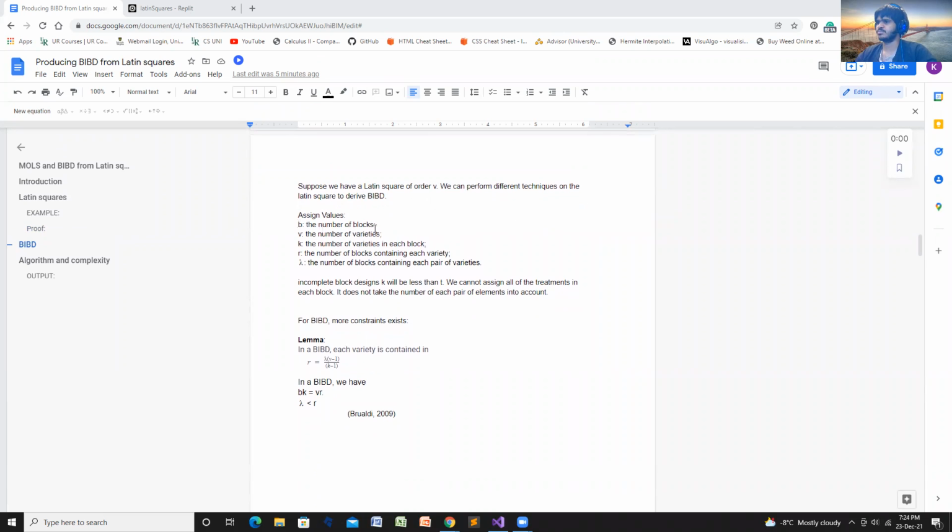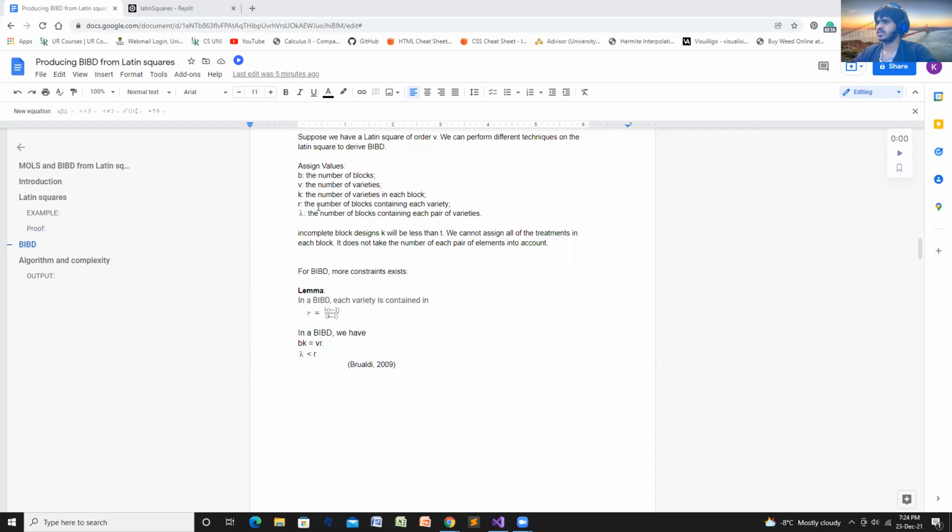B means number of blocks, V is the number of varieties, K is the subset taken from the varieties, so the size of each block, and R is the replication number, how many times an element is being repeated, not in each block, in all the blocks combined. And lambda is the number of times each pair is repeated in all of the blocks.